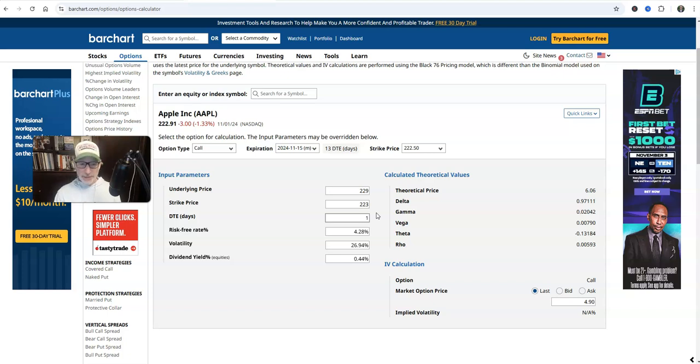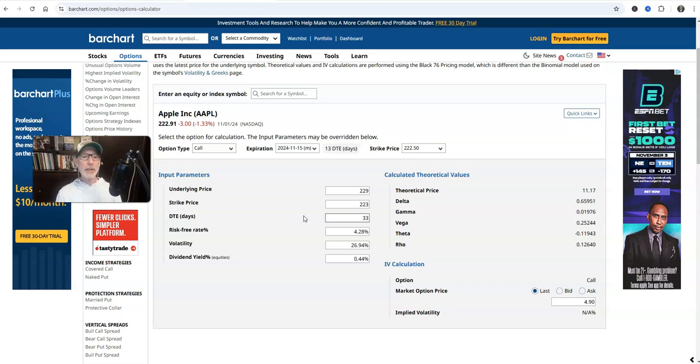The last solution that I want to talk about is buying multiple options, because if the stock moves in your favor and the option value goes up, you can sell part of your position to at least play with the house's money.